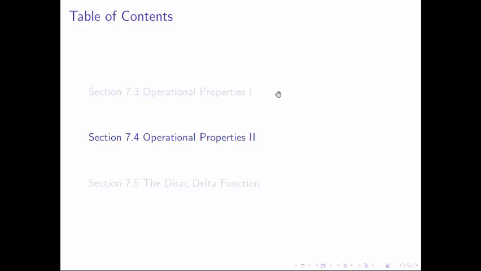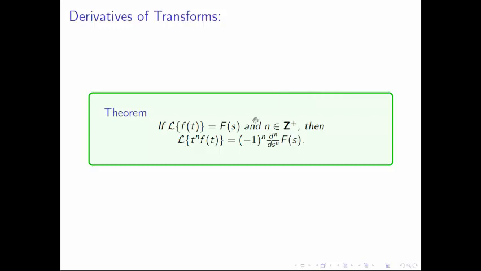In 7.4, we learn new operational properties. To begin, our first property is, we have here again the Laplace transform of a function, and remember that this says n is a positive integer, so 1, 2, 3, 4, 5.